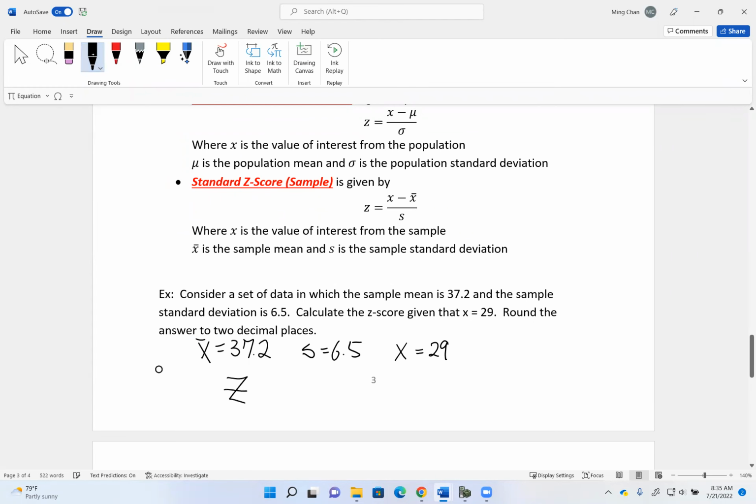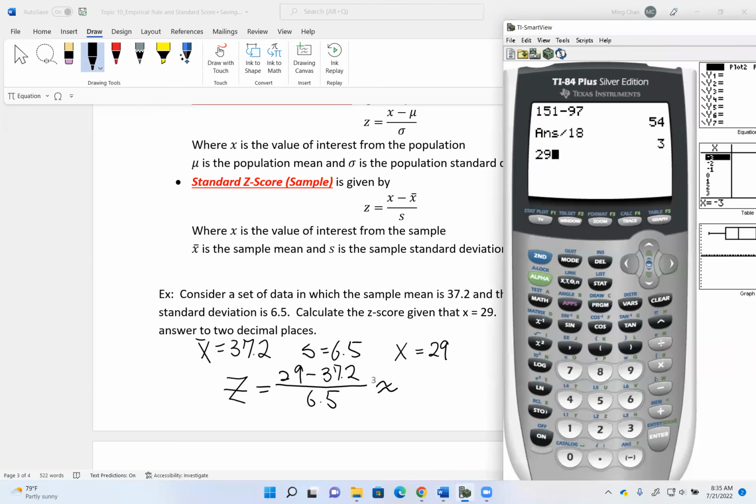So the z-score, if you look at the formula, x minus x bar divided by the standard deviation. X is 29, the number I'm trying to convert. So 29 subtract 37.2 first, subtract first, then divide by 6.5.